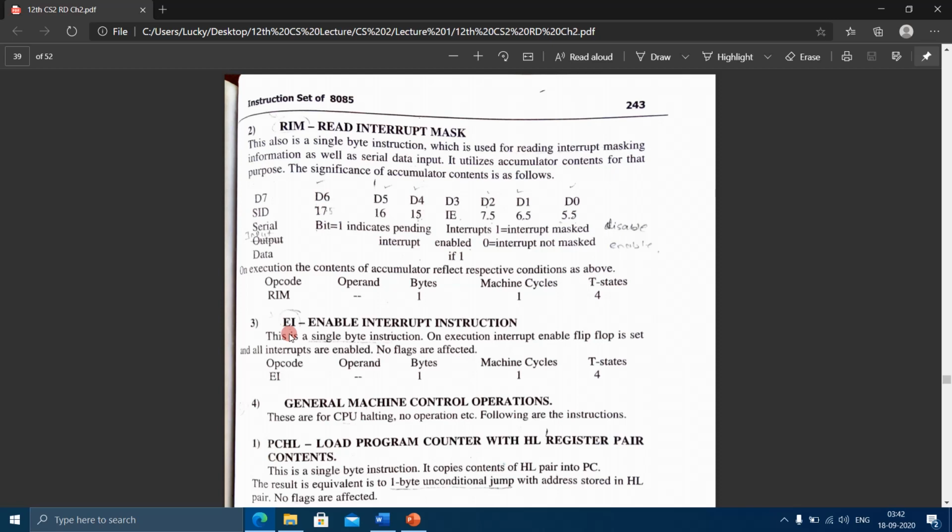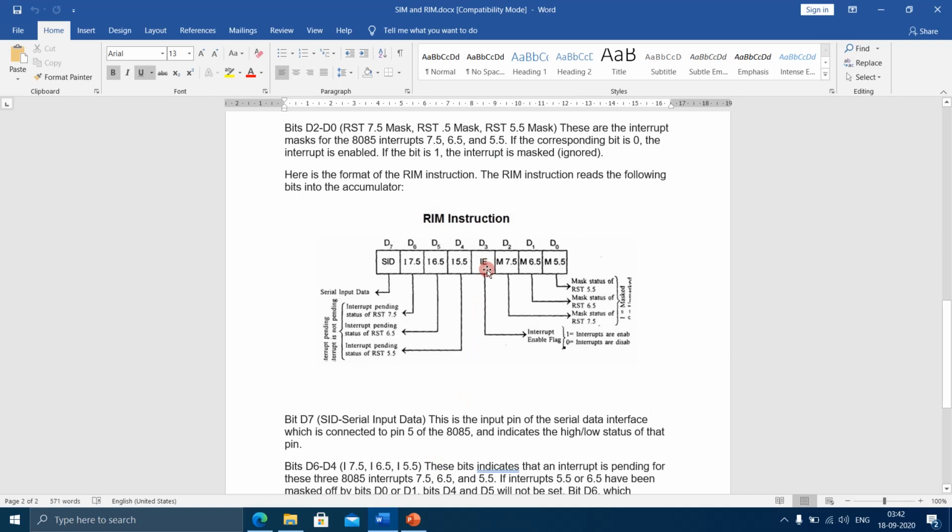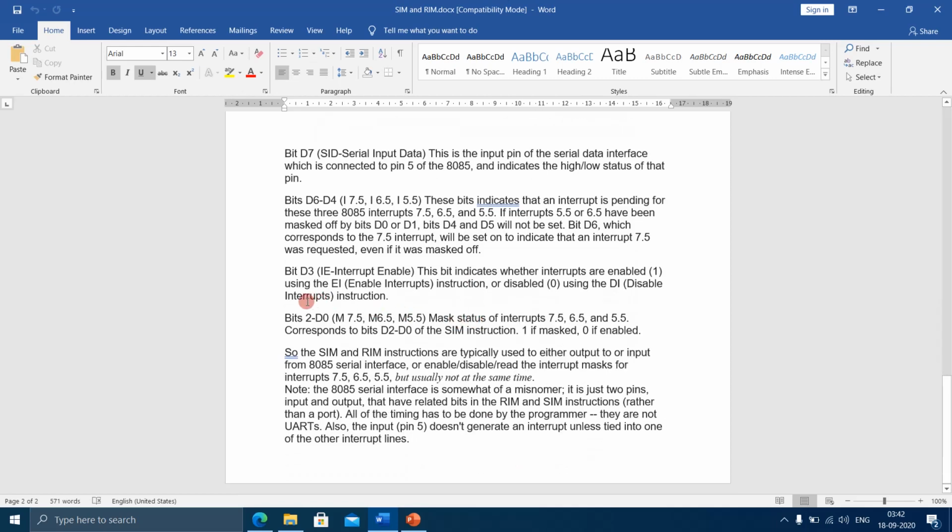So when the interrupt enable instruction is used somewhere before the RIM instruction, then this bit will be 1. If the disable interrupt instruction, which is DI, is used somewhere before the RIM instruction, then this bit will be 0.